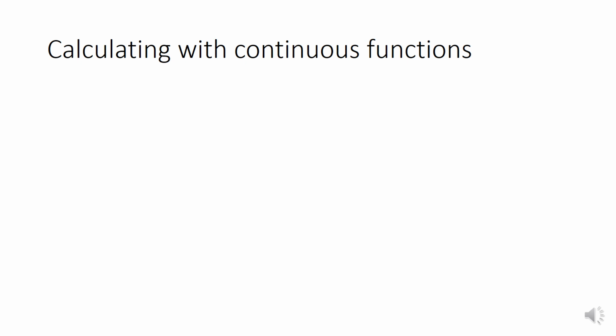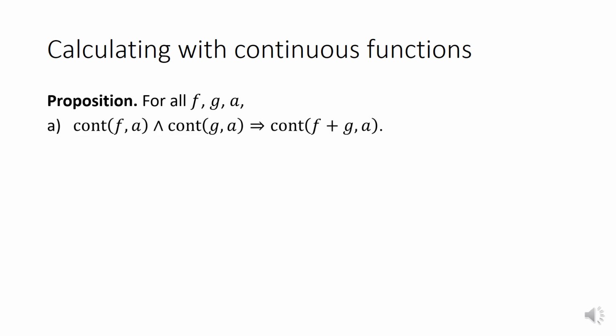We can also prove the following proposition, which shows that continuity is preserved when we add, multiply, divide, or combine continuous functions. For all f, g, a: A, if f and g are continuous at a, then f plus g is continuous at a. B, if f and g are continuous at a, then f times g is continuous at a.